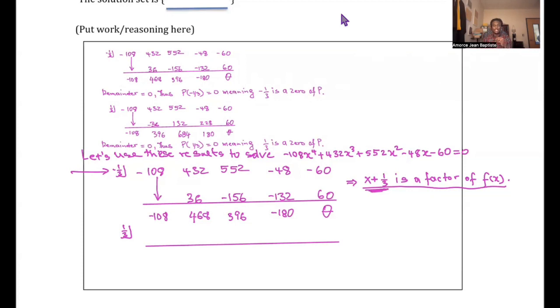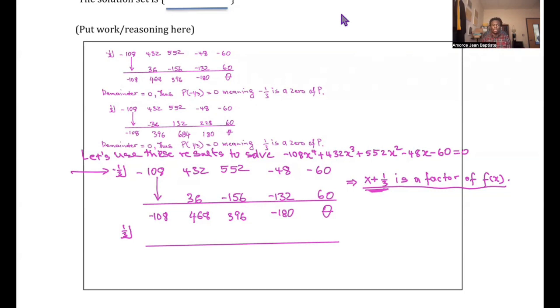Now, I did the division separately here and here, but it's more efficient when you use the result of one to do the other one, because it helps you if you want to factor your polynomial.